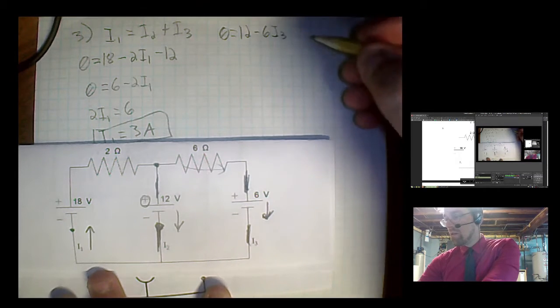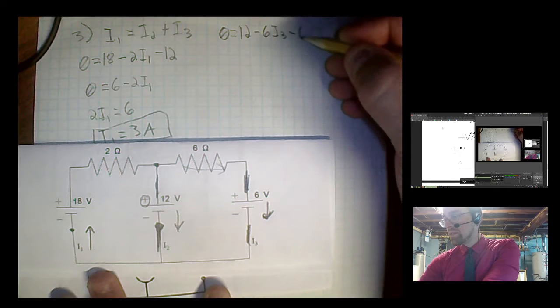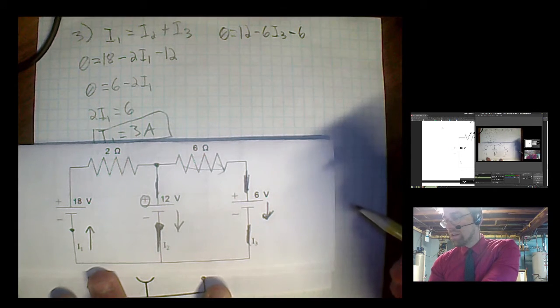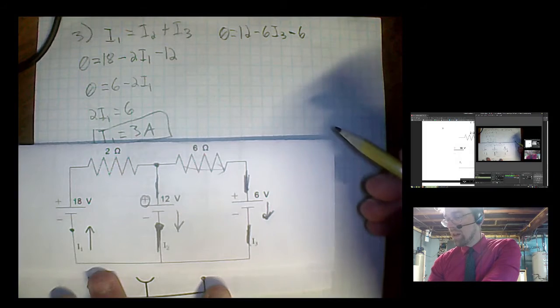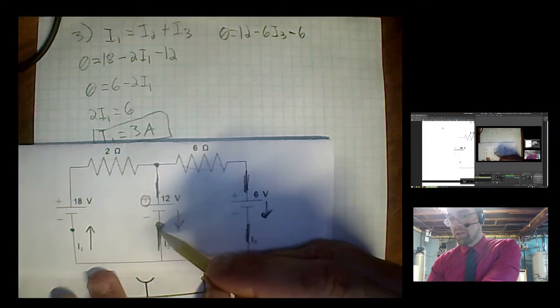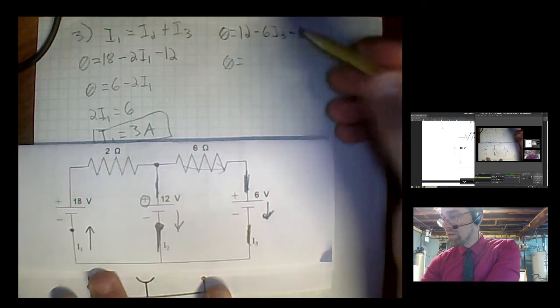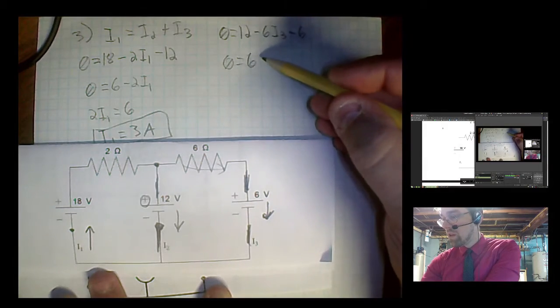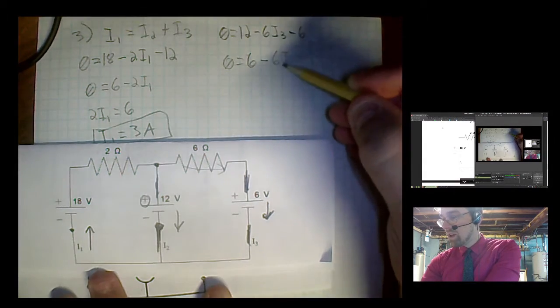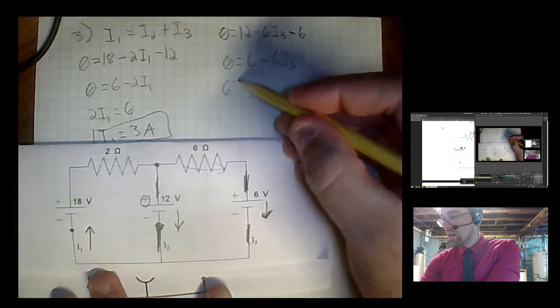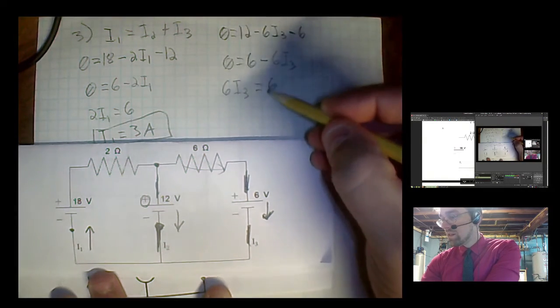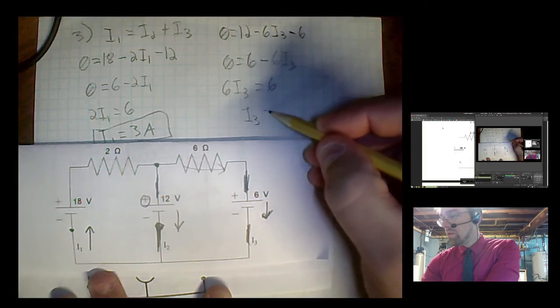So I'm going to a lower place. Let's subtract that off. And then I'm back to where I started. So now I get 0 equals 6 volts minus 6I3. 6I3 equals 6. I3 equals 1 amp.